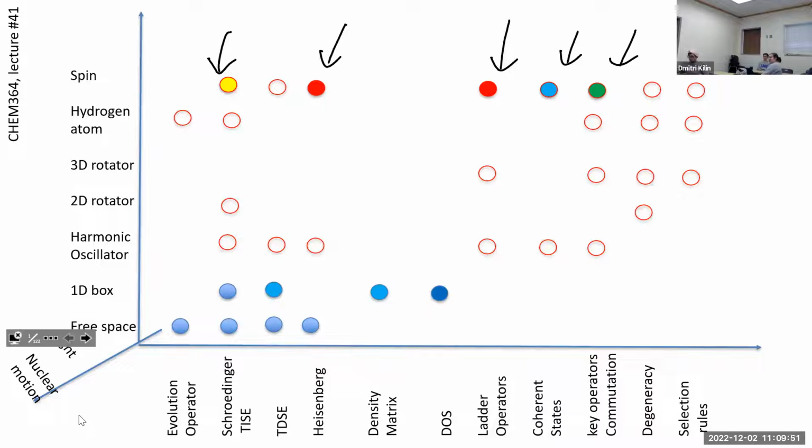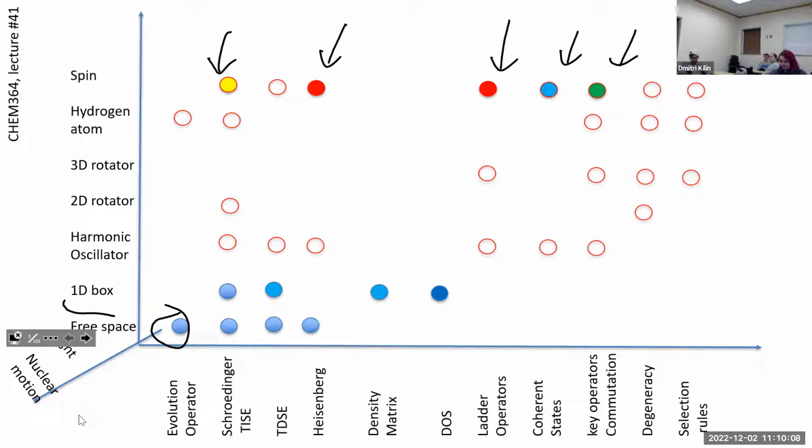So here is the learning diagram of this course, right? We started from the free space evolution operator, and then we took different models and different methods, theories.